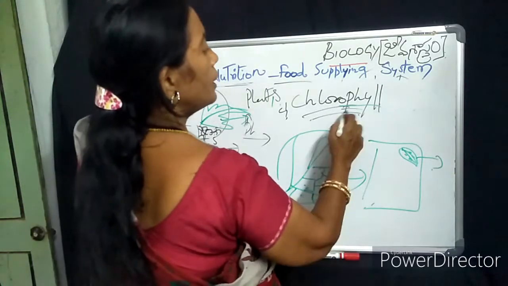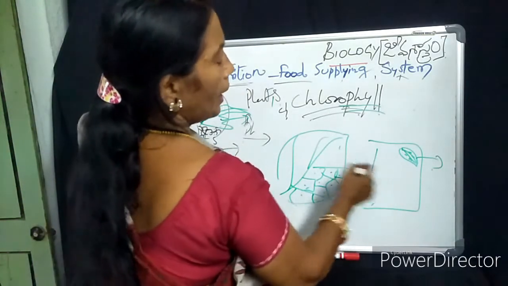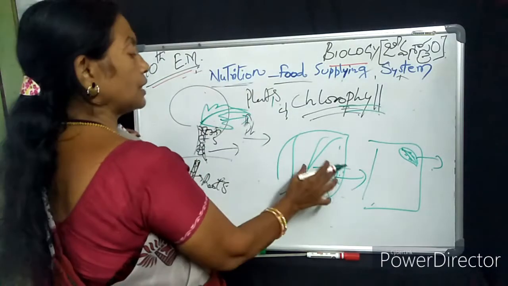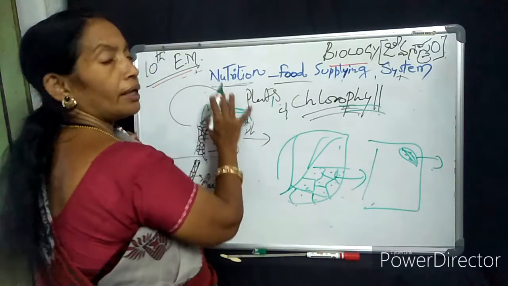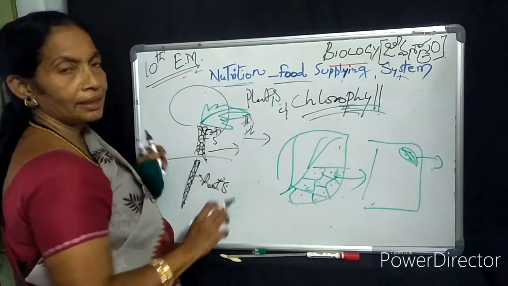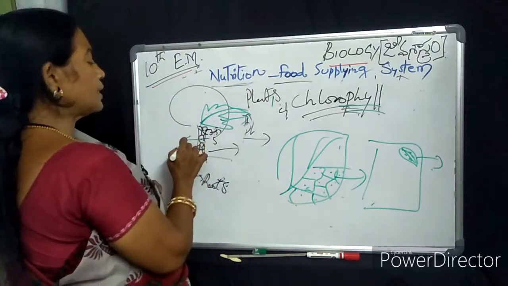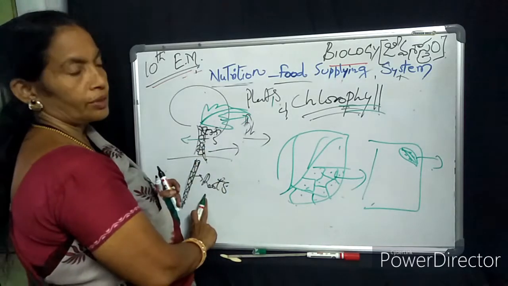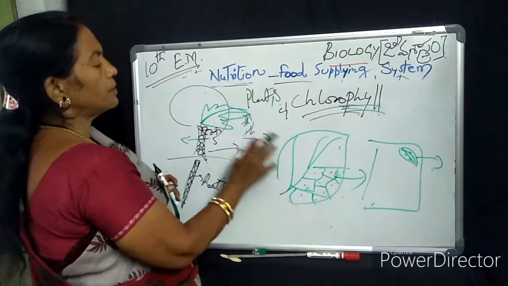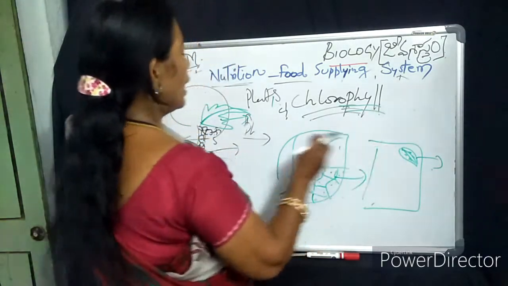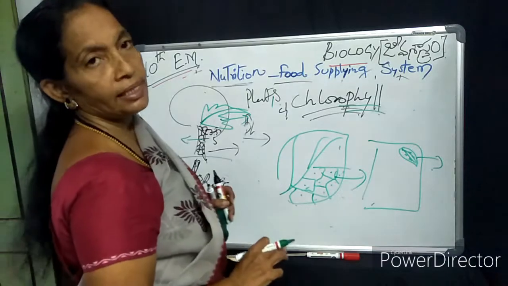So chlorophyll is present only in the cells of the leaves, not all over the body of the plant. We will not see these chloroplasts in stems or roots. Especially we observe these chloroplasts, or chlorophyll, in the leaf cells itself.